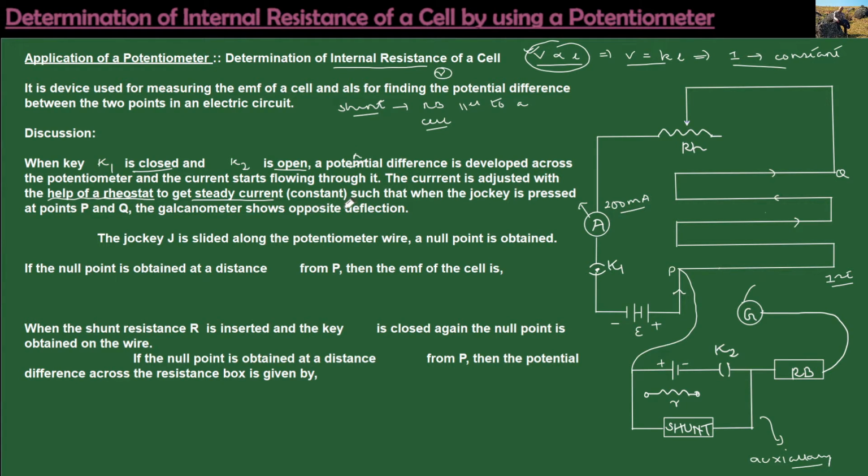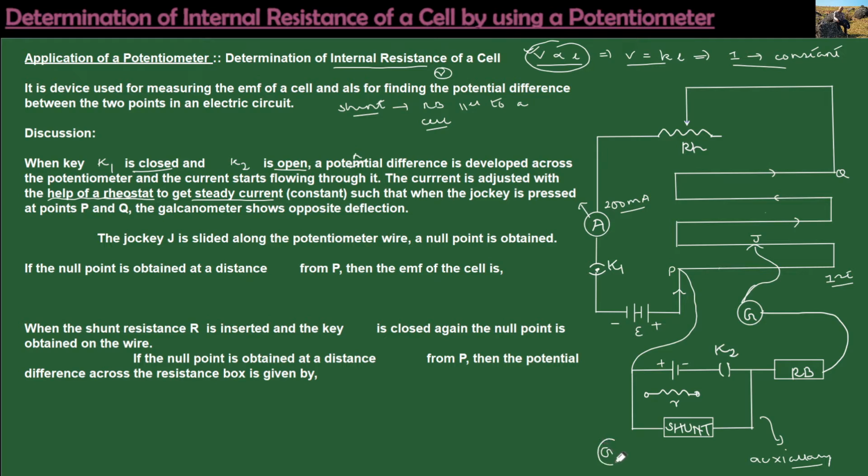Now when you take the jockey J and slide it along the potentiometer wire, you will find some null points. What will happen on the galvanometer?